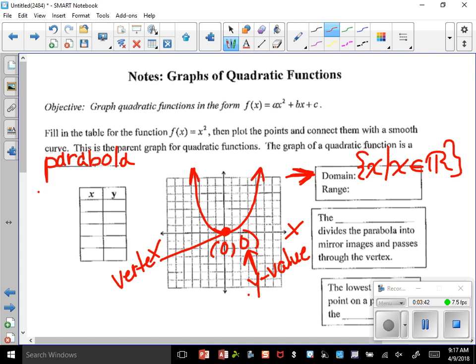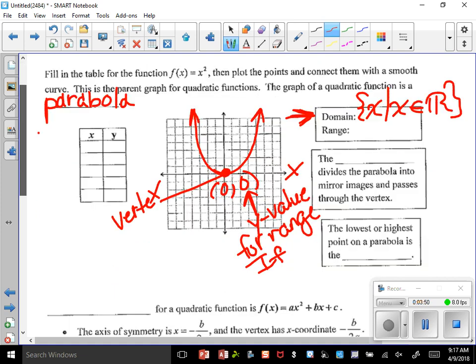So I'm going to say y value for range, and this is a big if: it's going up or down. So if it's going up or down, you really just start at the y value for your vertex. In this case, it's 0.